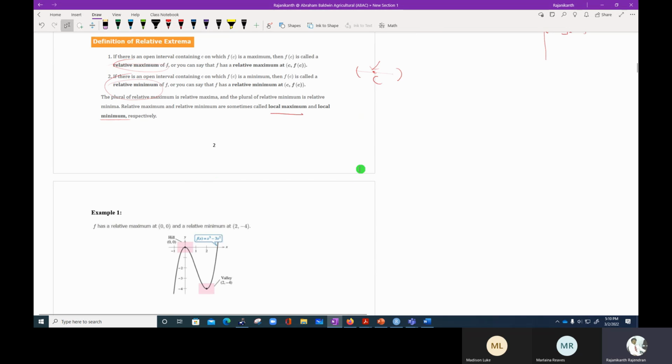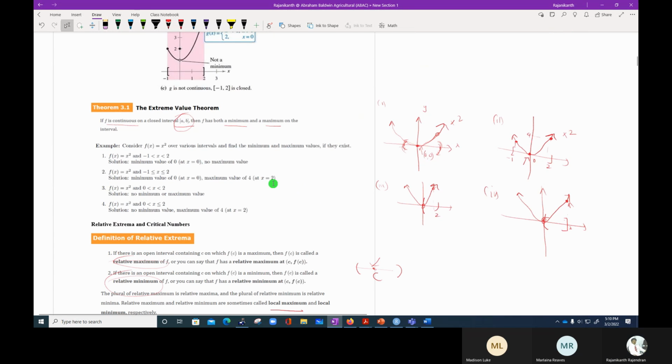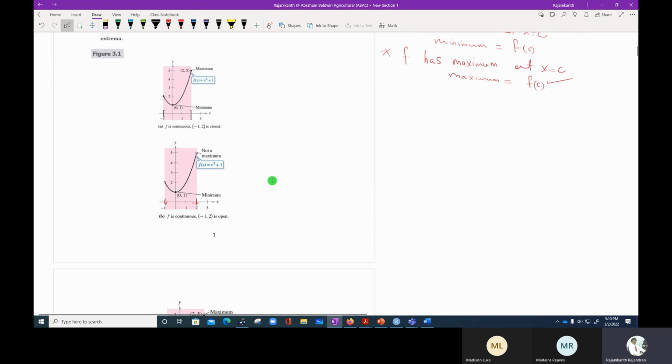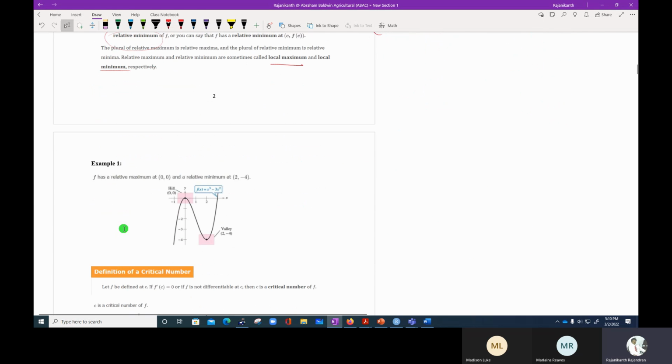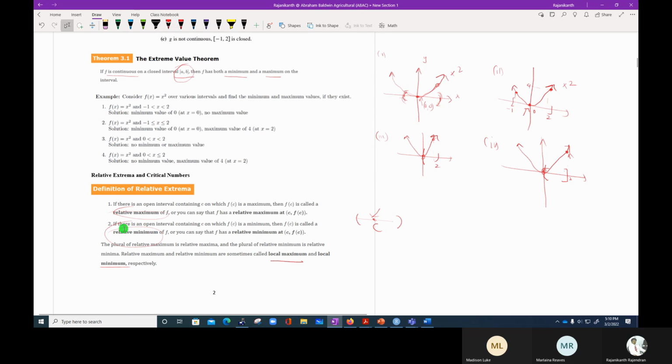Okay. So there are two things you have now learned. One is global max or global min. Another one is local max or local min. For local maximum or local min, some books use relative max or relative min.